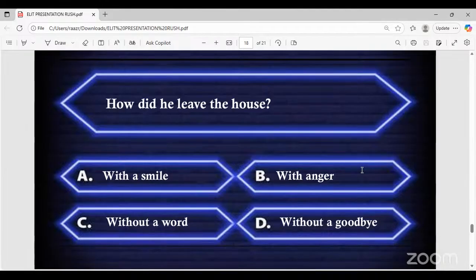Okay, how did he leave the house? With a smile, with anger, without a word, without a goodbye. How did he leave the house?